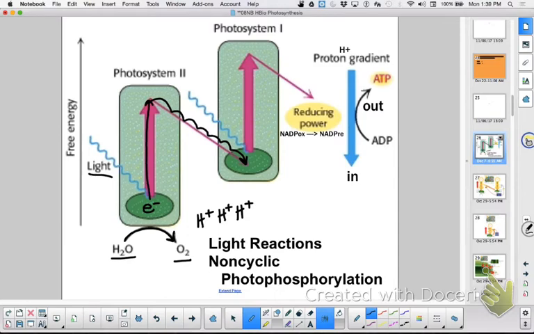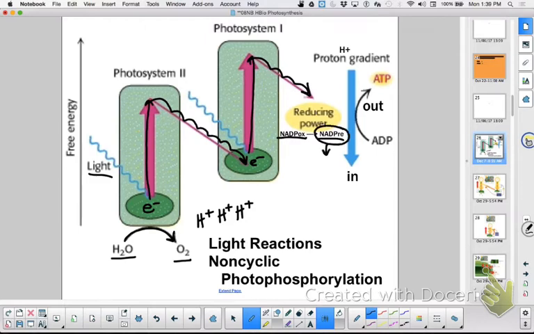And those same electrons will get excited again by the sun and go down another one. But this time, instead of letting them go all the way down and losing all of their energy, we're going to stop it partway through, and this time we're going to give those electrons to oxidized NADP in order to make reduced NADP.